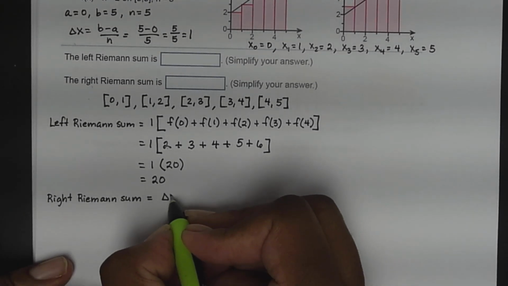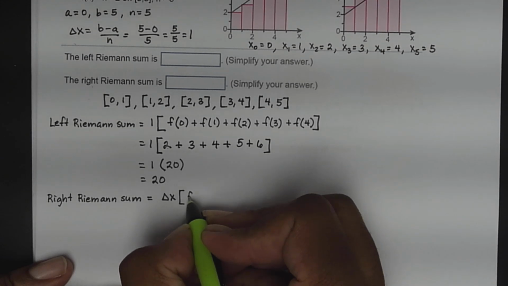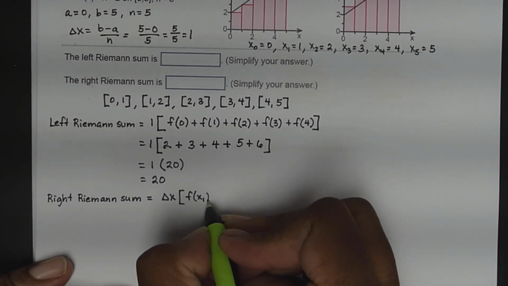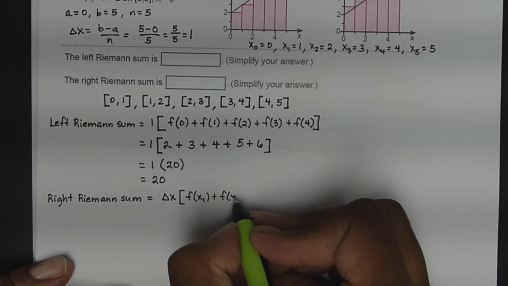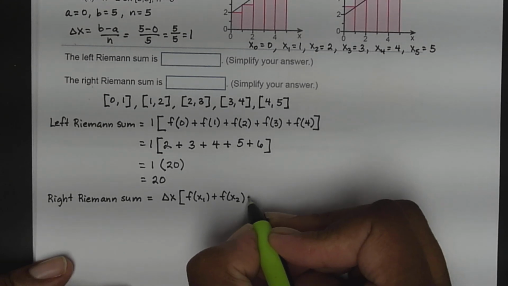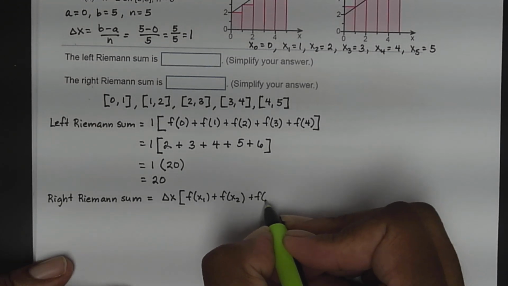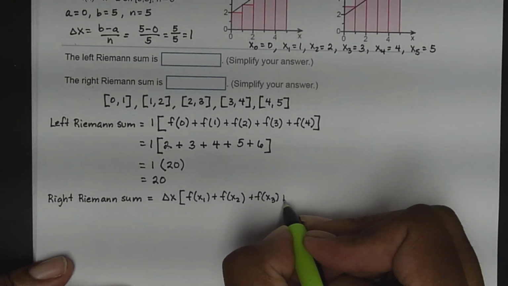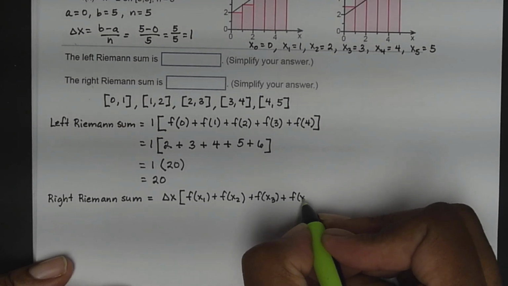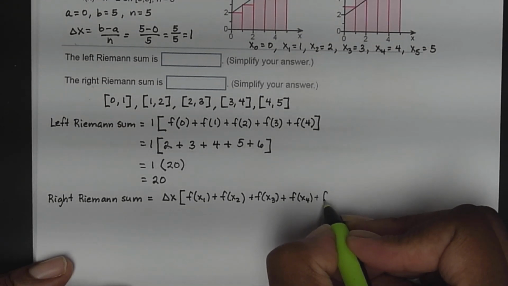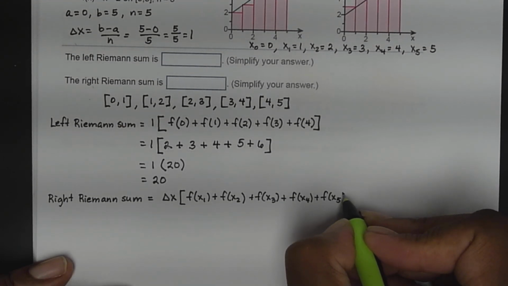And I'm still going to use that delta x times the quantity f of x1 plus f of x2 plus f of x3 plus f of x4 plus f of x5.